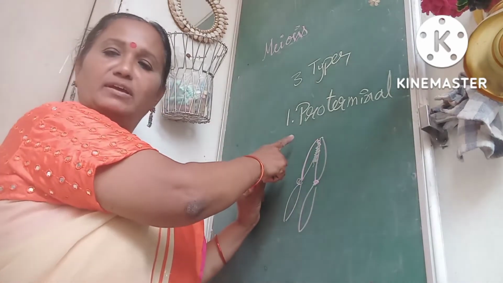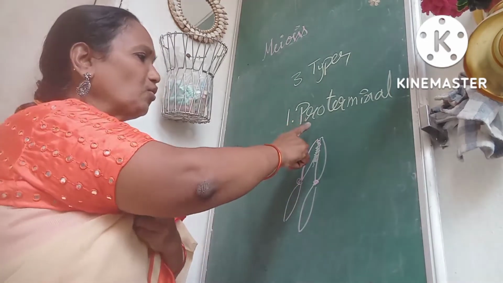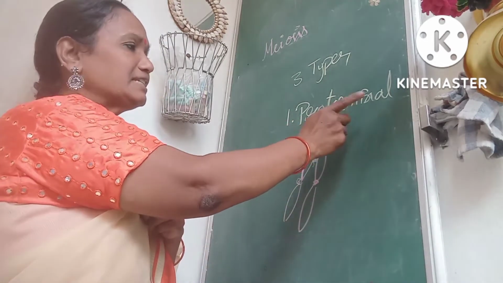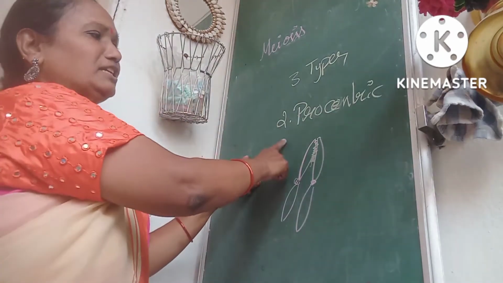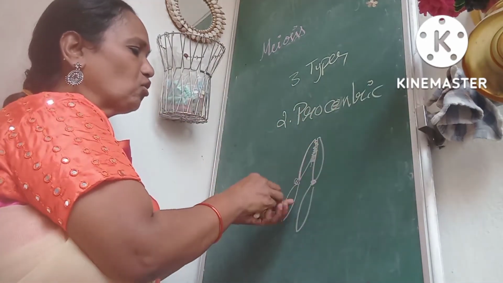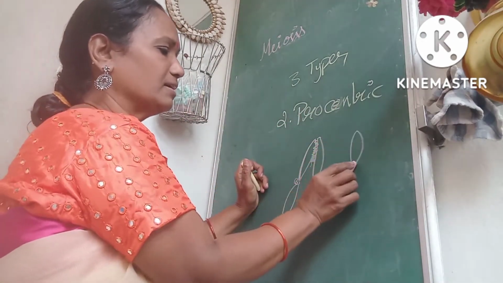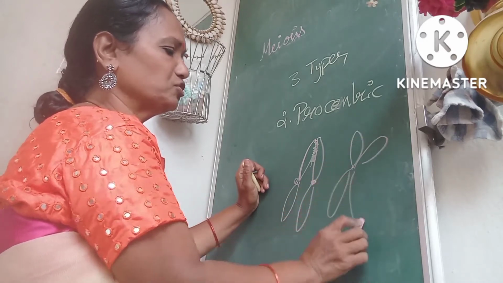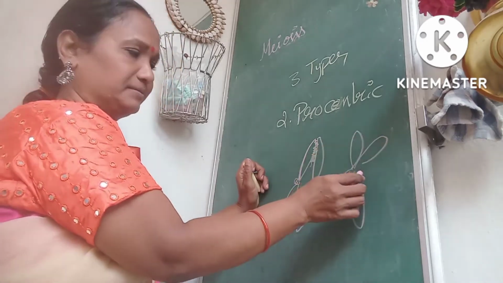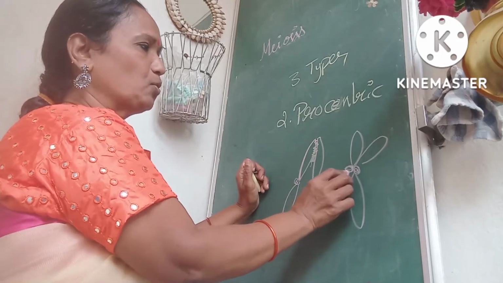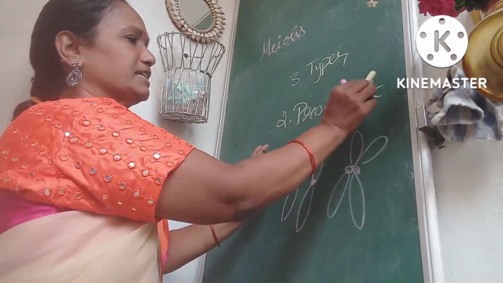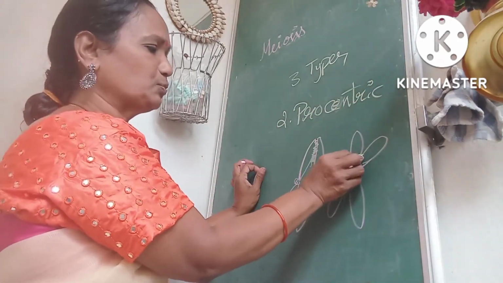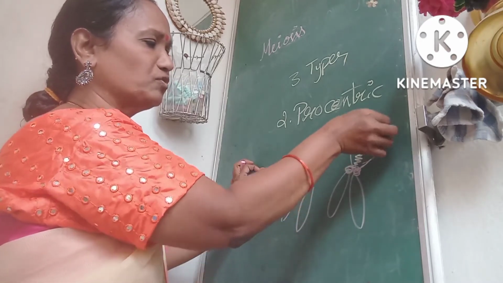Second is procentric synapsis, where pairing starts from the center and moves towards the ends.